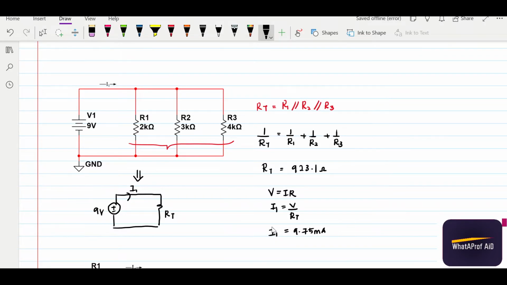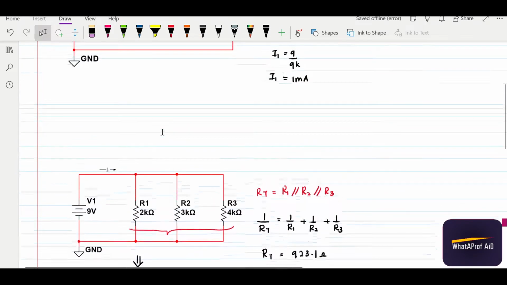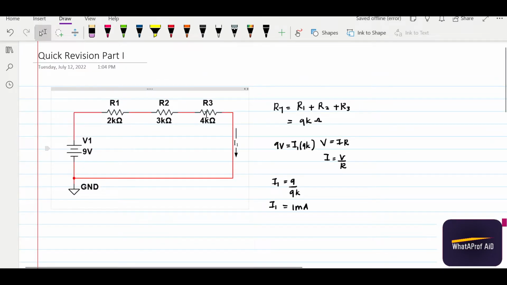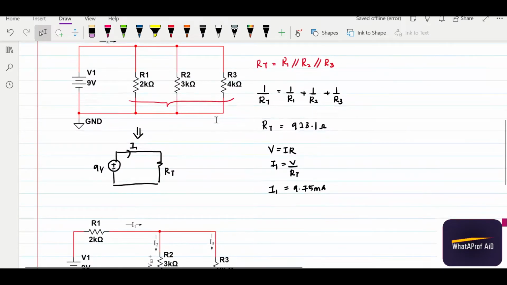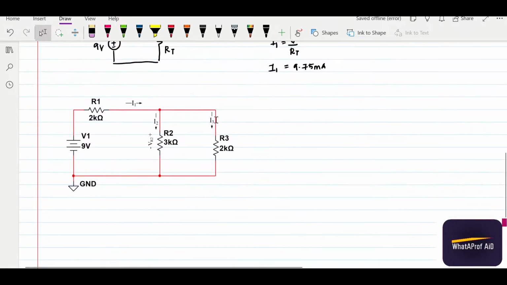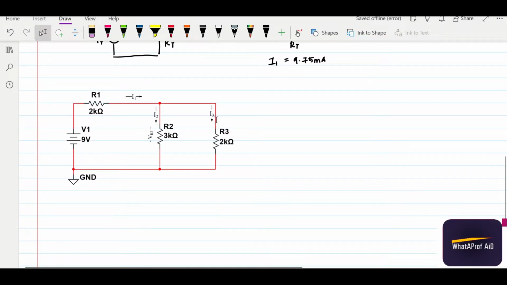Okay, so that's how to solve the circuit when you have resistors in parallel and then resistors in series. The next example is to look at calculating the current or voltage using current divider rule and voltage divider rule.